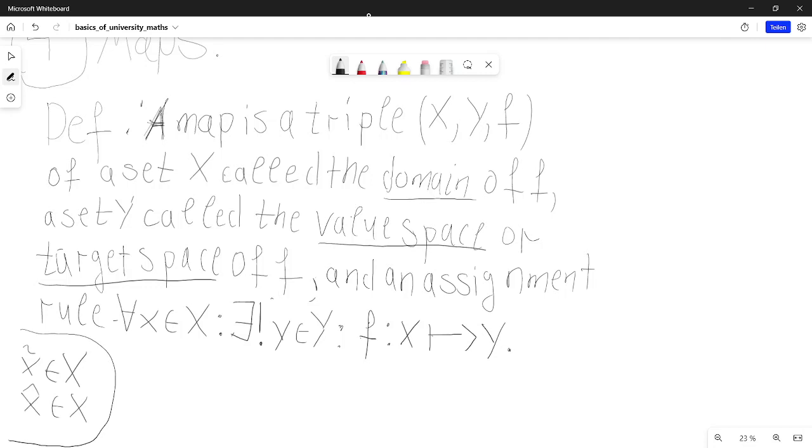That's only that for each chosen x, and each x must be chosen once, as we see here, for each chosen x, there is exactly one. So for each x there is exactly one y, but it does not mean that for each y there is exactly one x. It's two different things, right?